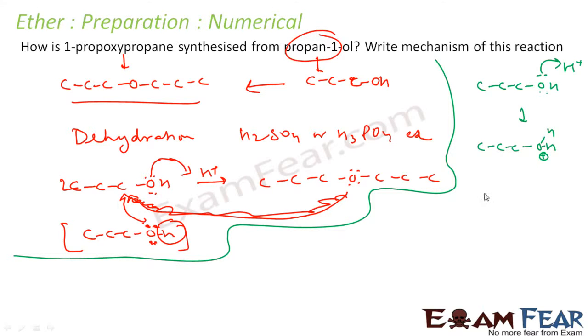Correct? Now there will be a nucleophile. The nucleophile is nothing but my propanol here. This will be attracted towards this positive charge. Or I can remove H2O from here. This carbon gets a positive charge. It will get attracted towards this carbon here.